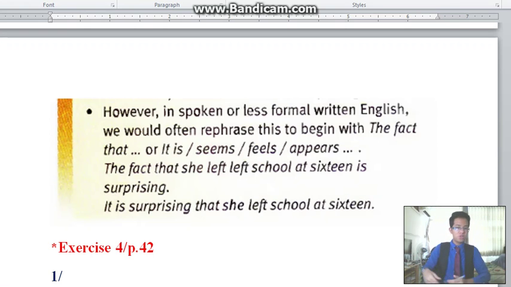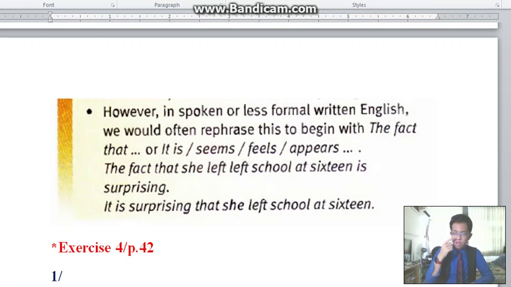So instead of saying that she left school at 16 is surprising, you can say the fact that she left school at 16 is surprising. Or you can say it is surprising that she left school at 16, or it seems surprising, it feels, it appears surprising.